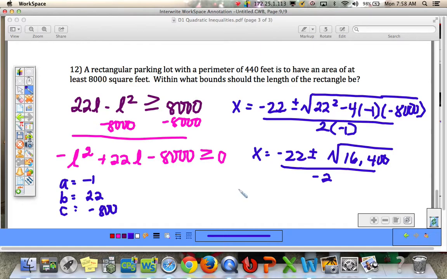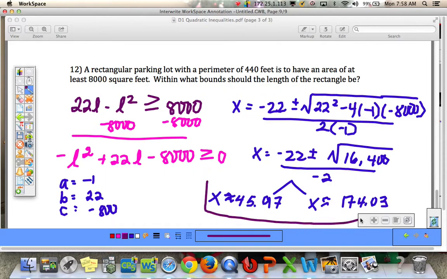And if we solve each one of those, doing the plus and the minus, X is about 45.97, if we round, and X is about 174.03. So it says, within what bounds should the length of the rectangle be? It's going to be between these.